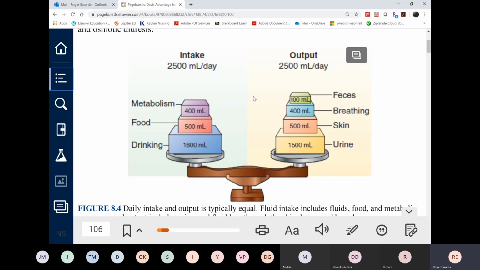As you can see there, from feces we have about 100 ml of water, another 400 from constantly breathing or talking. And then through skin, that also varies. Weather is getting warmer now, so we tend to sweat more, so that may increase up to 900 ml per day.